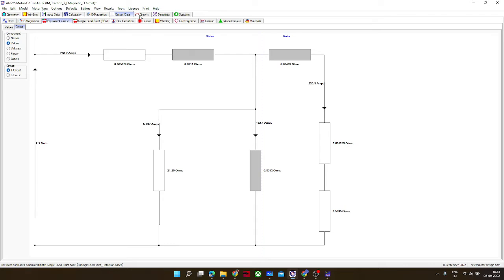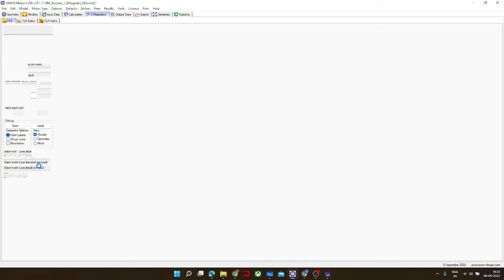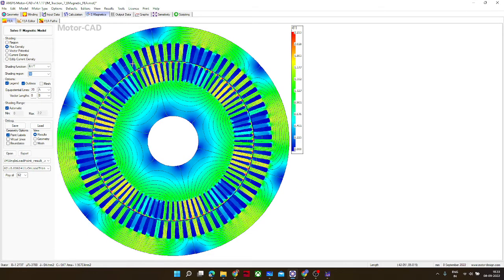And after moving across other data, you can see iron losses are also significant, 1.2 kilowatt. Rotor iron losses are lesser than the stator iron loss because the stator is more saturated. You can see from the figure, the stator is more saturated than the rotor, because the stator had this higher blue point, with 0.98 of magnetic flux density across that.